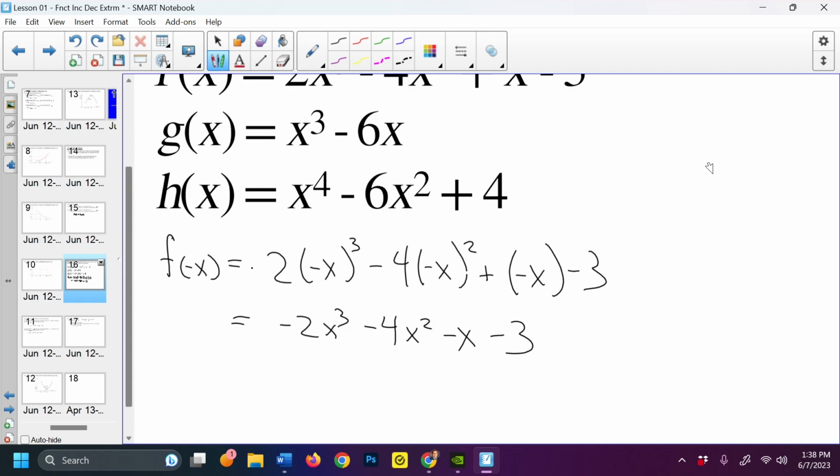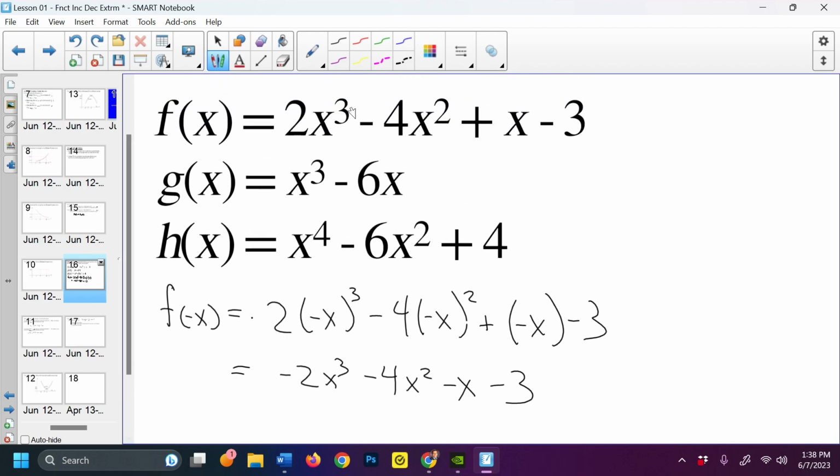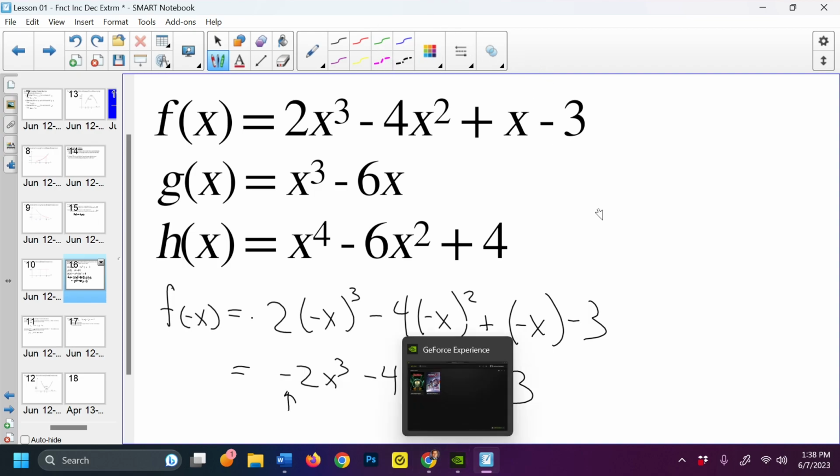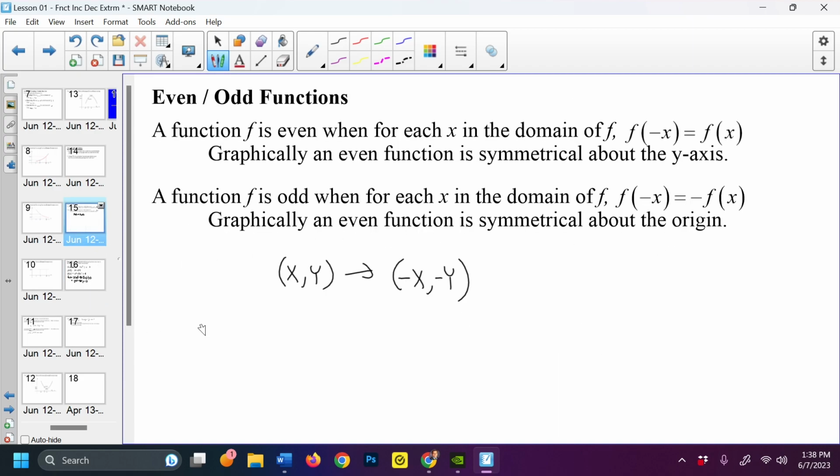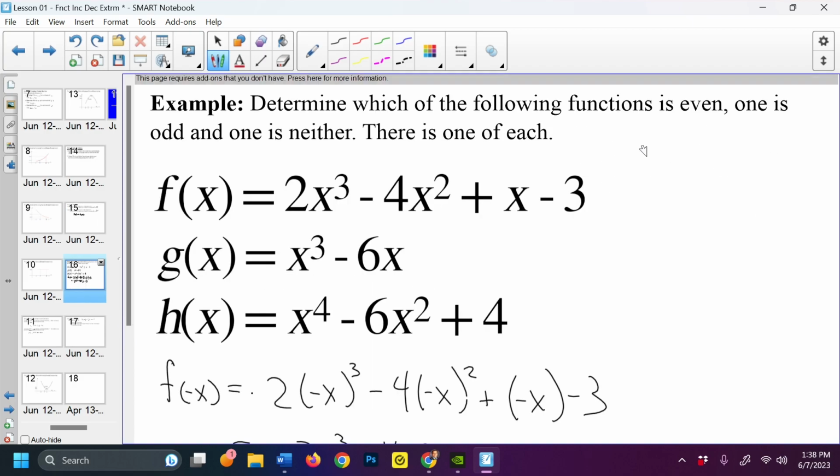Now I am first going to compare this result to this particular function right here. Notice I have a sign change right here and right there. These two functions are not equal. Therefore, since f of negative x is not equal to the original function, this function is not even.